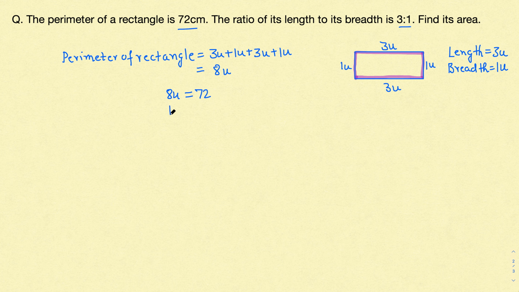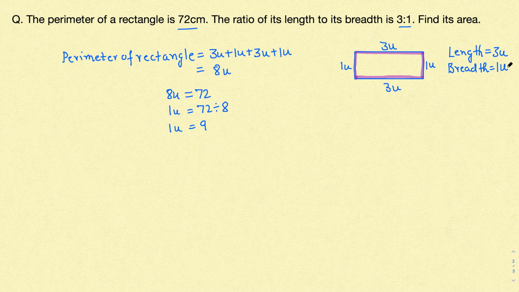So how about 1 unit? 1 unit will be 72 divided by 8. That will give you 9. So our 1 unit is 9 cm. Now since we know 1 unit, we can calculate the length and the breadth.